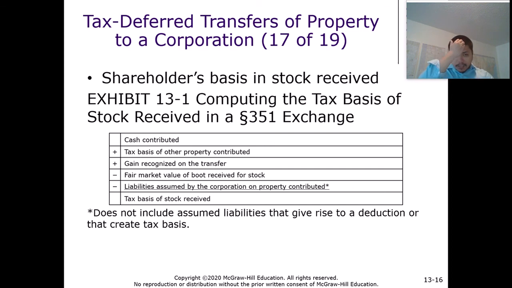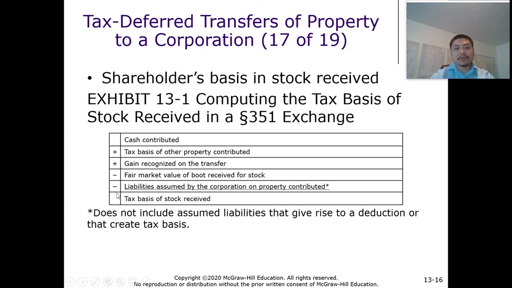So here's the formula: cash contributed to the corporation, plus tax basis of other properties contributed, plus gain recognized on the transfer, subtract fair market value of boot received for the stock, and subtract the liabilities assumed by the corporation on the properties contributed, right?